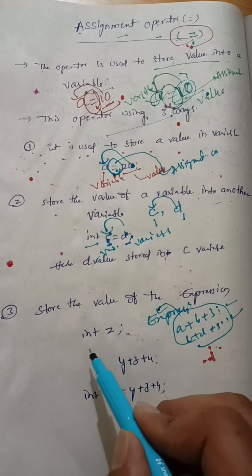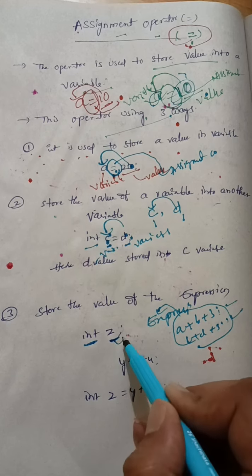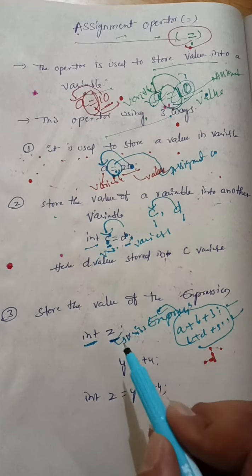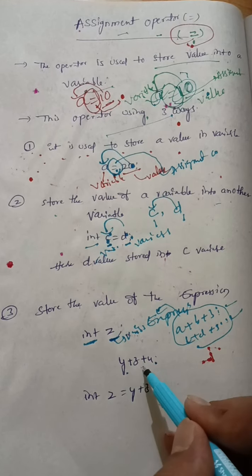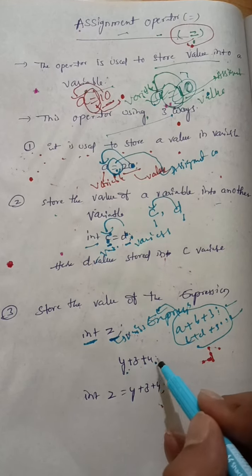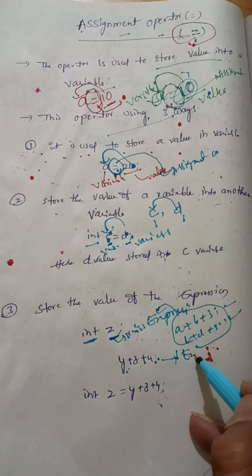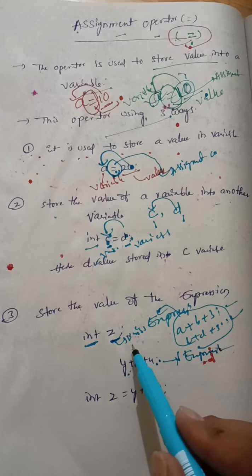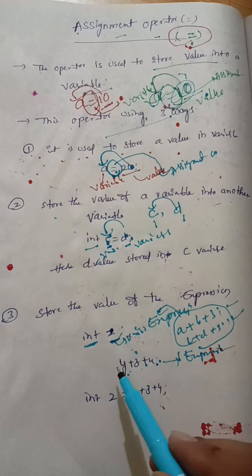First we initialize the variable: int z, the variable z that we declared. I want to store in z an expression like x plus y plus 4. This is one expression, and I want to store it in the variable z.